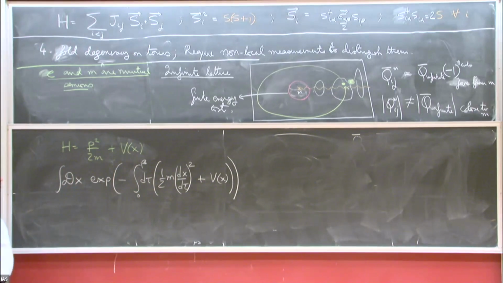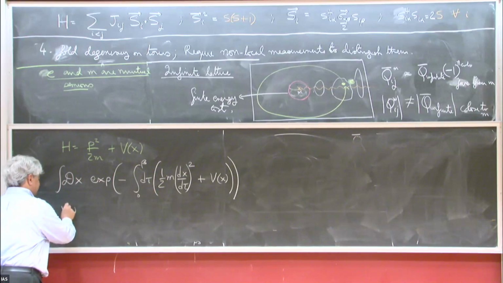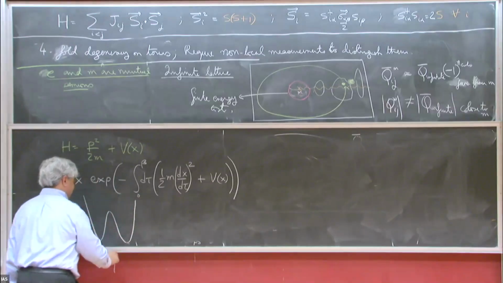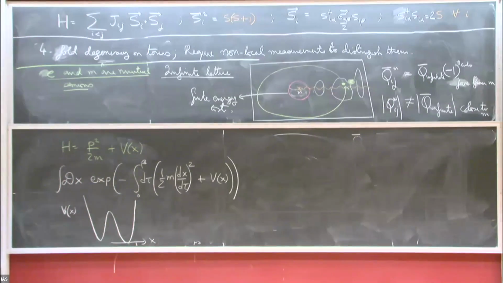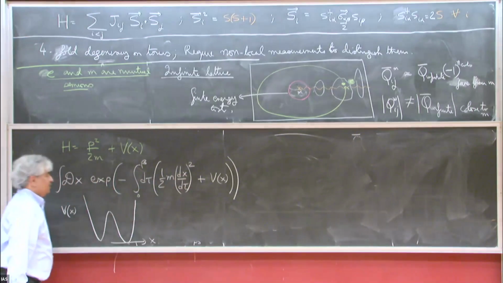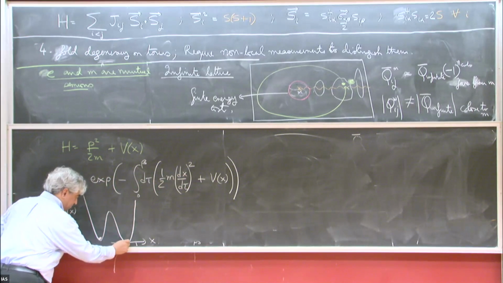Okay. So now let's take a V of x of the following form. So this is our V of x. And then I look for saddle points of this. And I find one saddle point here and one saddle point here.